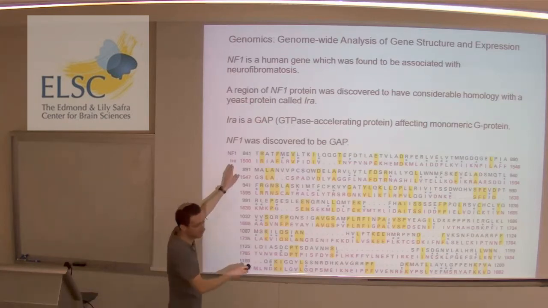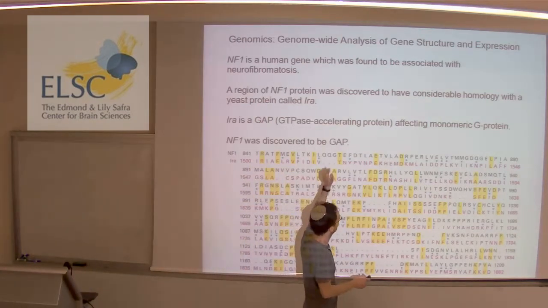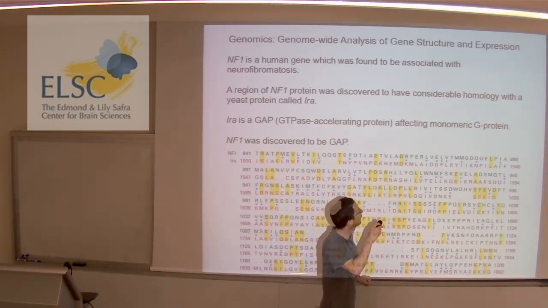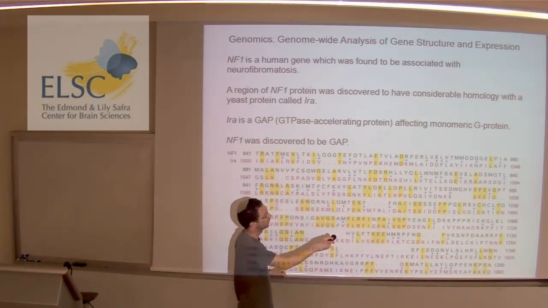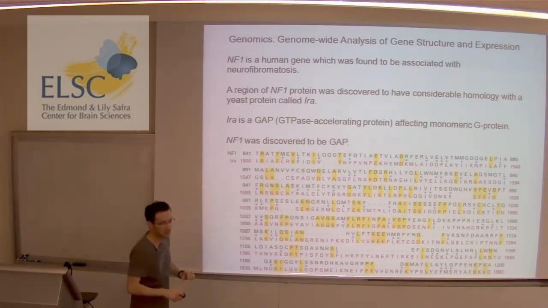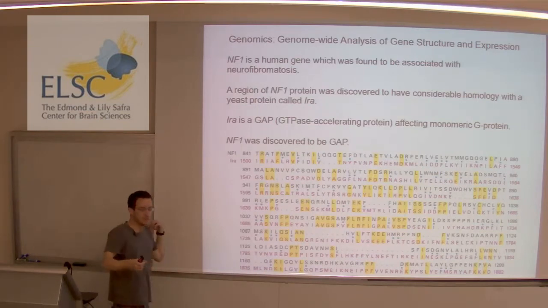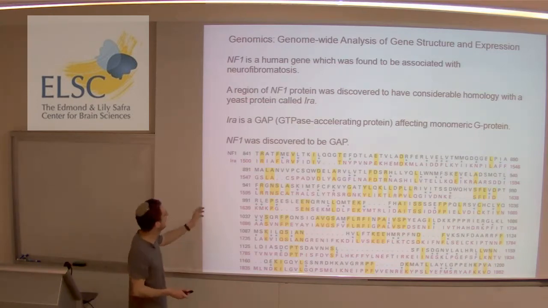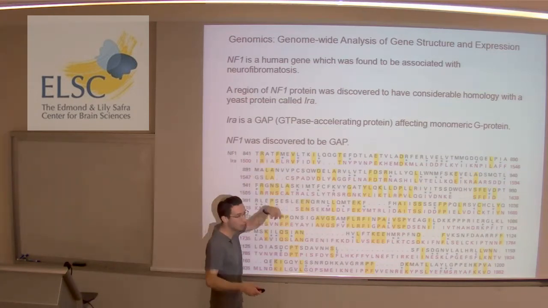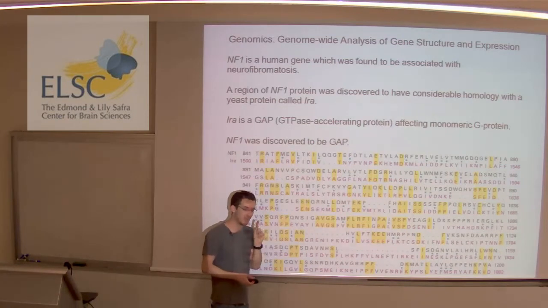It's a GTPase accelerating protein. We met this fellow in the past, and we know that it affects the monomeric G protein in the yeast. That pushed researchers to check the GAP ability of NF1, and indeed they found that NF1 is a GAP on the monomeric G protein RAS.